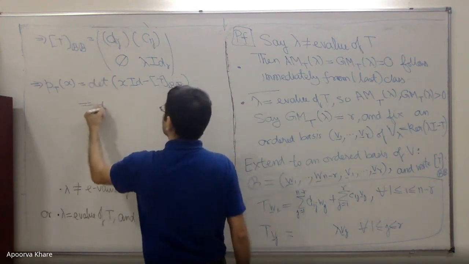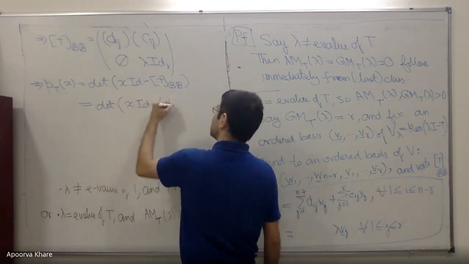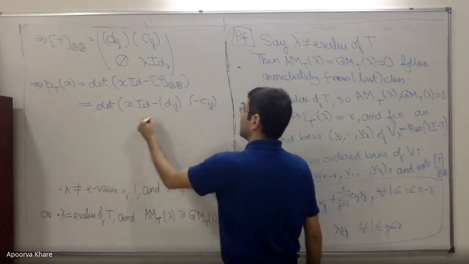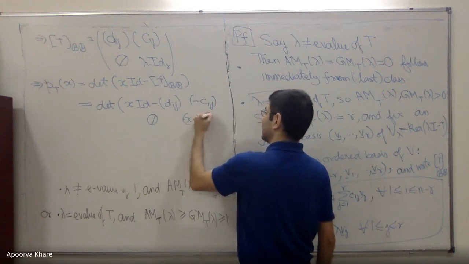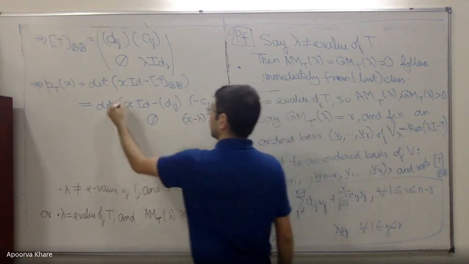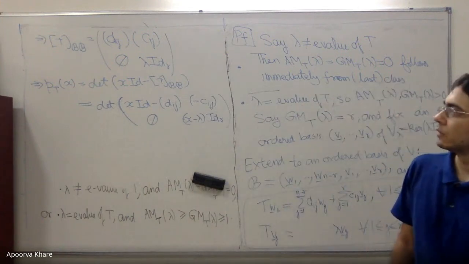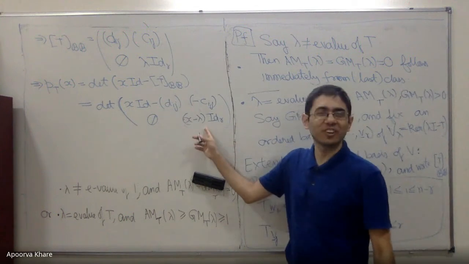This is equal to the determinant of x Id minus D, minus C, 0, and then x minus lambda times the identity. And you see, this is a block upper triangular matrix.